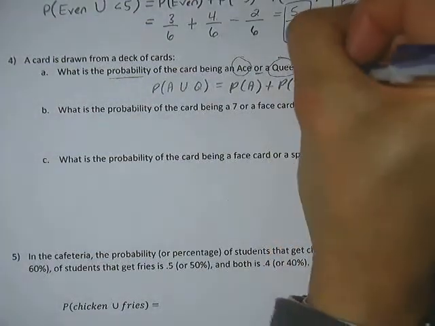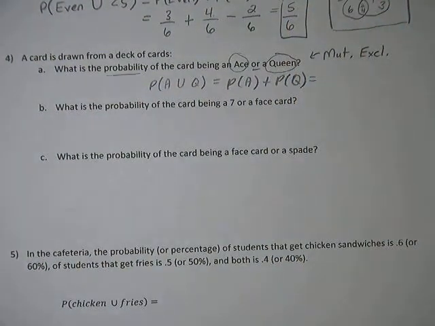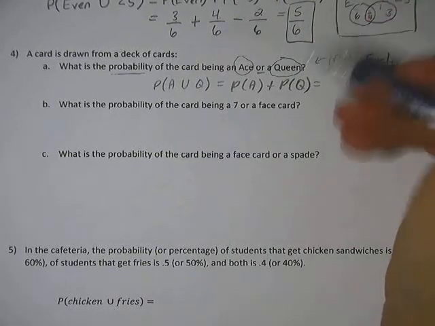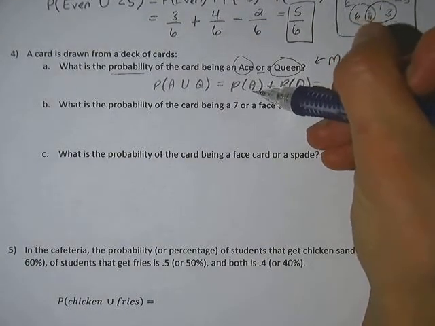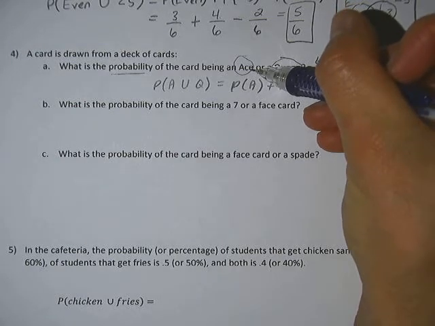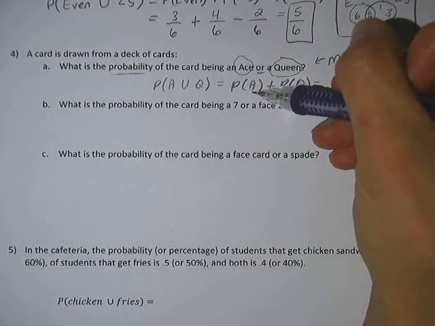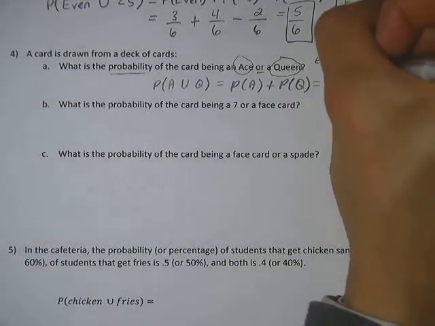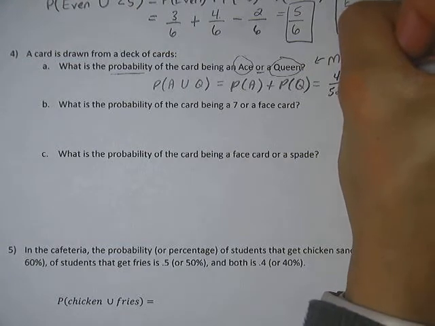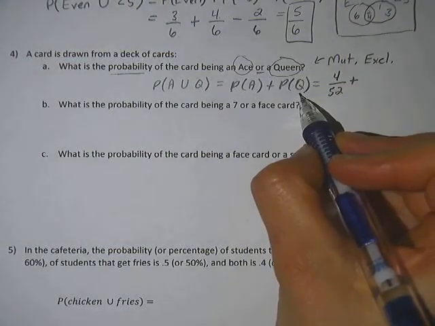All right. So again, you can pull out that cheat sheet or you can just think through it. The probability of getting an ace, well, there are 4 aces in the deck out of the total 52 cards. So there's a 4 out of 52 chance of getting an ace plus, well, how many queens are in the deck?